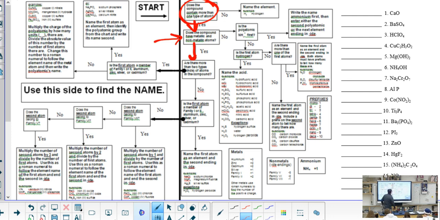All right. Now, this one, does it have more than 2 types of atoms? Yeah, it has a lot of them, right? We go over, is copper a member of any of those things? Definitely not. So we're in the box of death, which really, my friends, is not that bad if you just take it one bite at a time. So it says, multiply the charge of the polyatomic ion by how many units there are. So let me rewrite this.